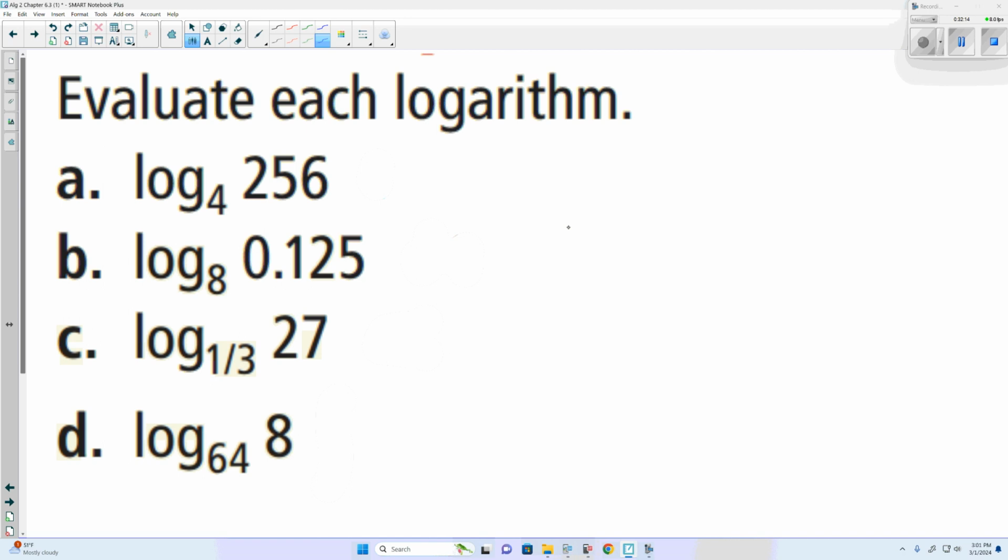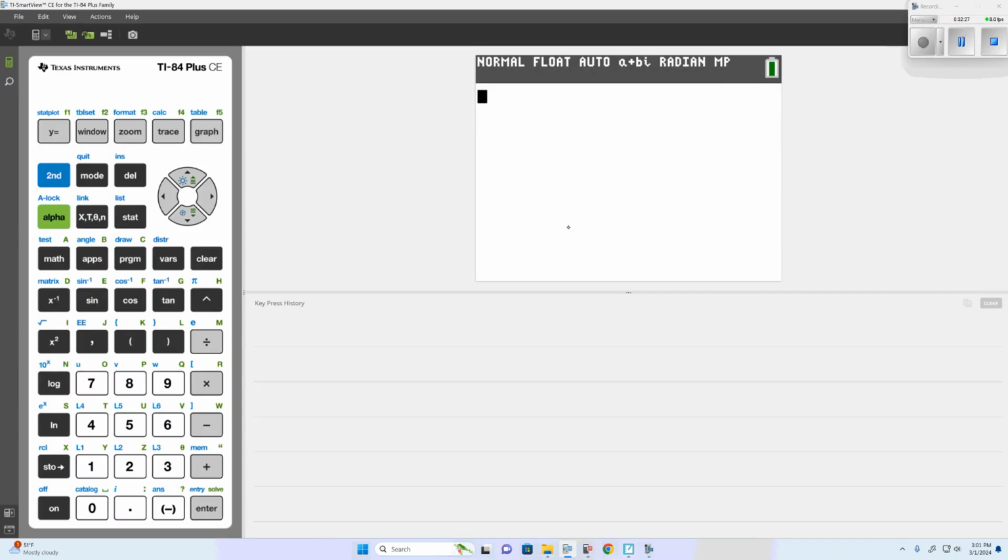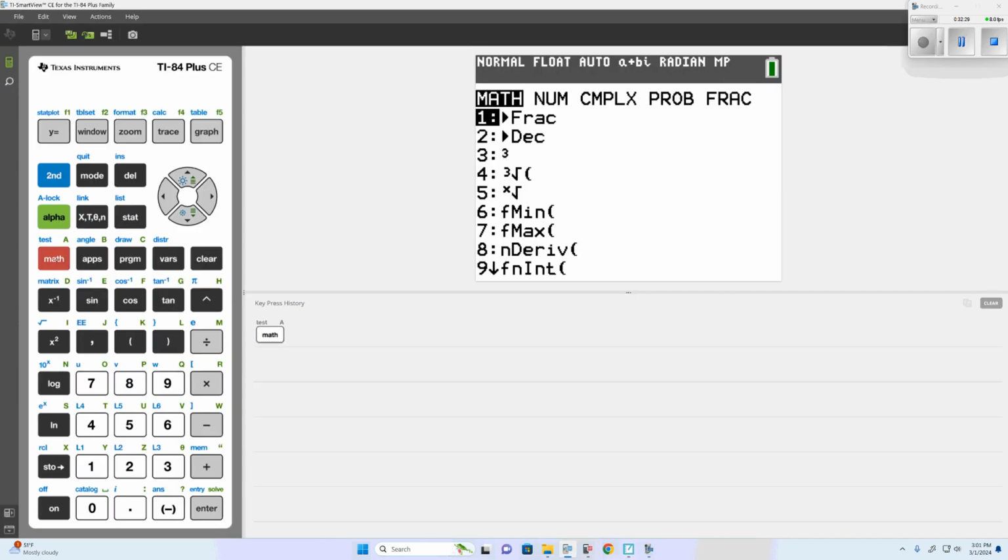All right, we're ready to evaluate these. Now we've said already we can't just type log base 4 of 256 in the calculator because the base is understood to be 10. I had you get the graphing calculators intentionally. The first thing we're going to do, after we turn it on, is hit our math button.